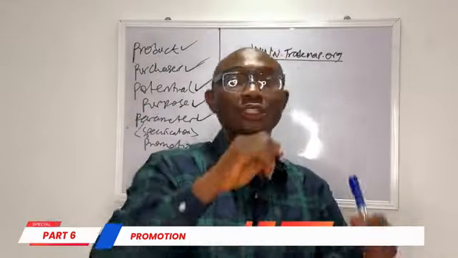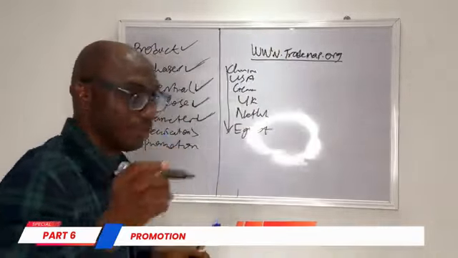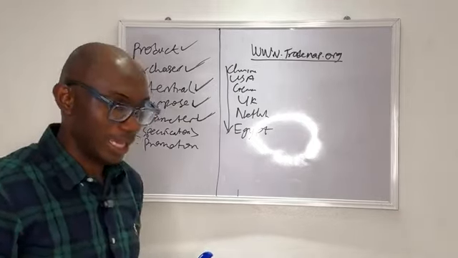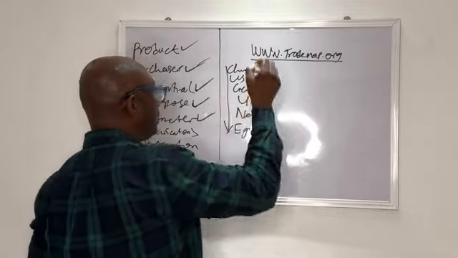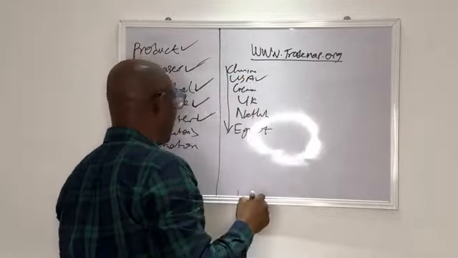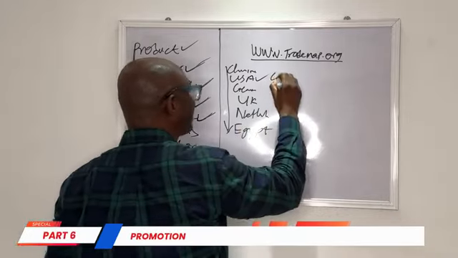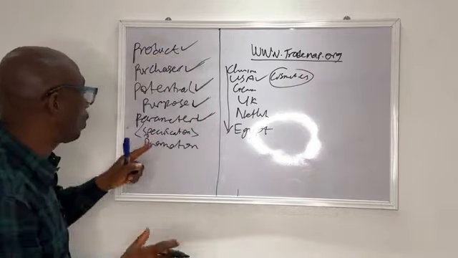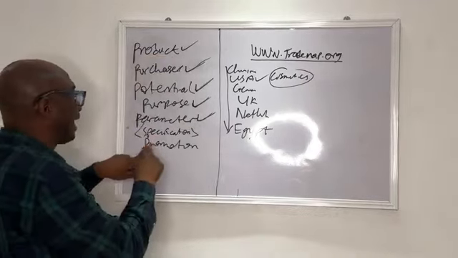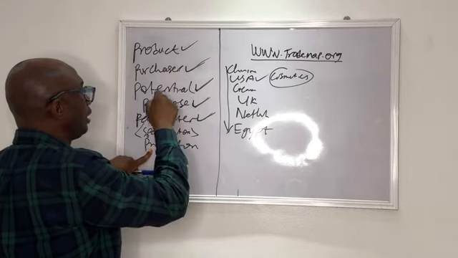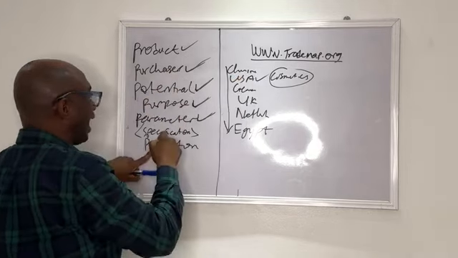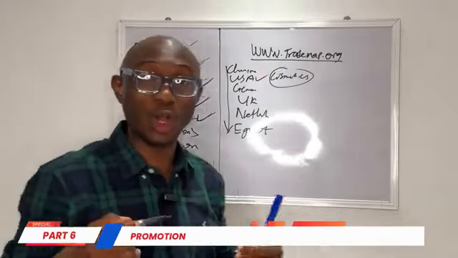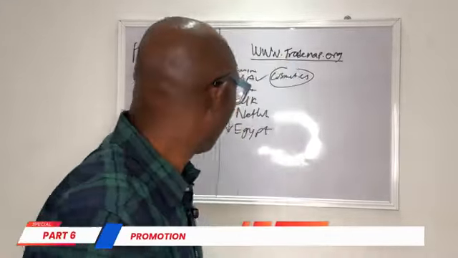For example, if the demand is high in the US, and they use it for cosmetics in the US, then if I'm looking for buyers, my promotion will be targeted towards, number one, the purchasers in the US, and the purpose they use it for, cosmetics. Those are the kind of people I'm targeting in all my marketing and sales effort in the US.